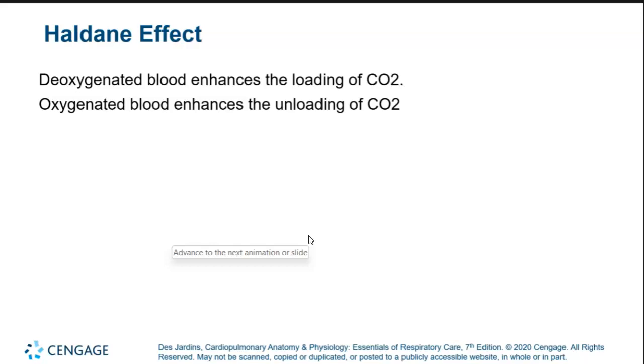This effect, the fact that deoxygenated blood increases the affinity or the loading of CO2, is called the Haldane effect. So it works both ways. Deoxygenated blood enhances the loading of CO2. Oxygenated blood enhances the unloading of CO2.